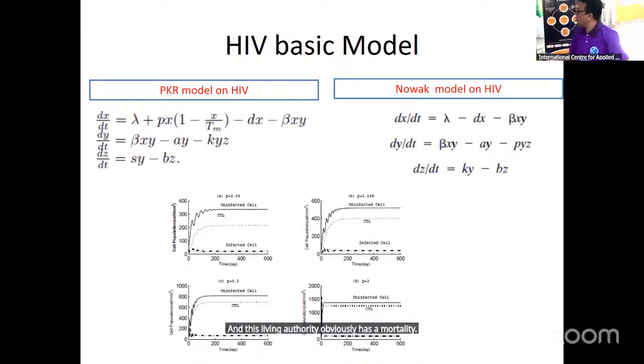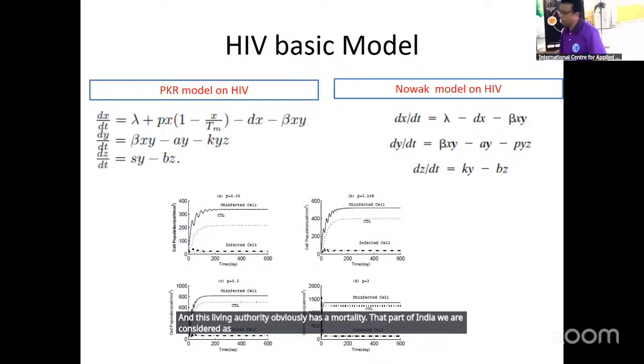That mortality rate we have considered as D, so it will be deducted, minus D.